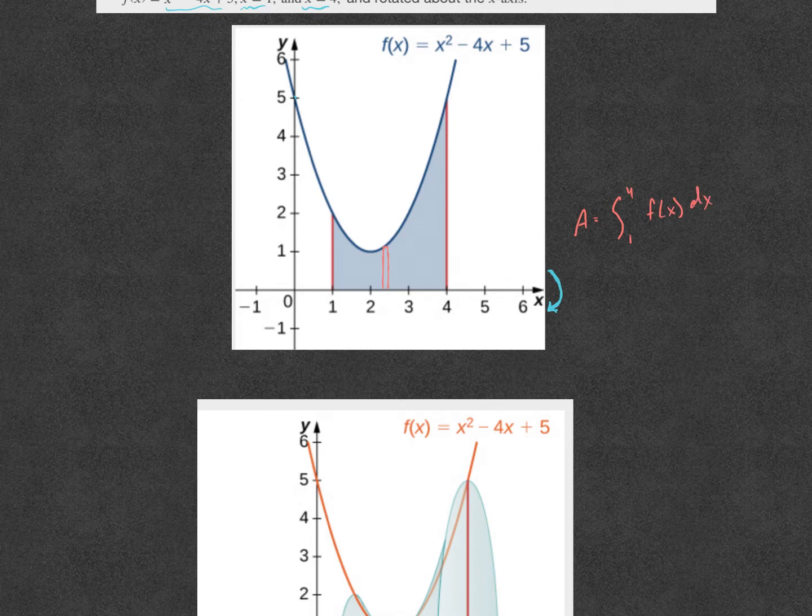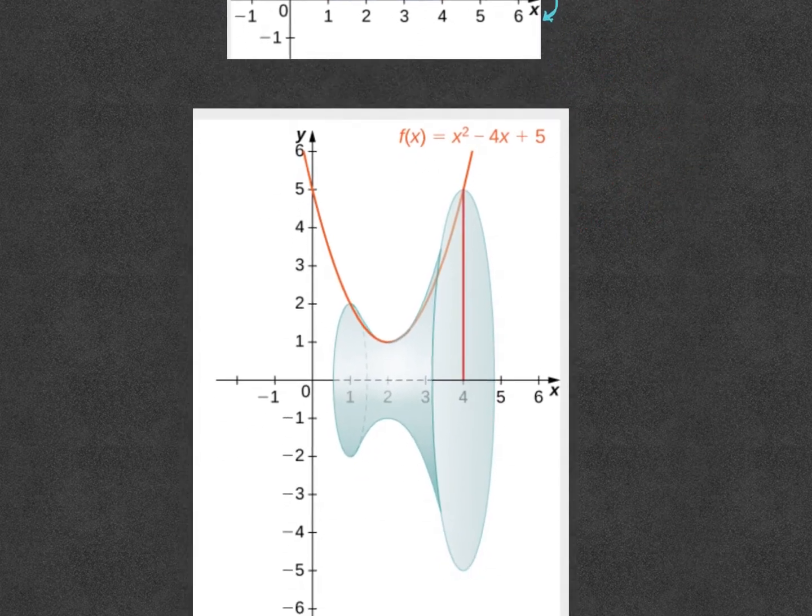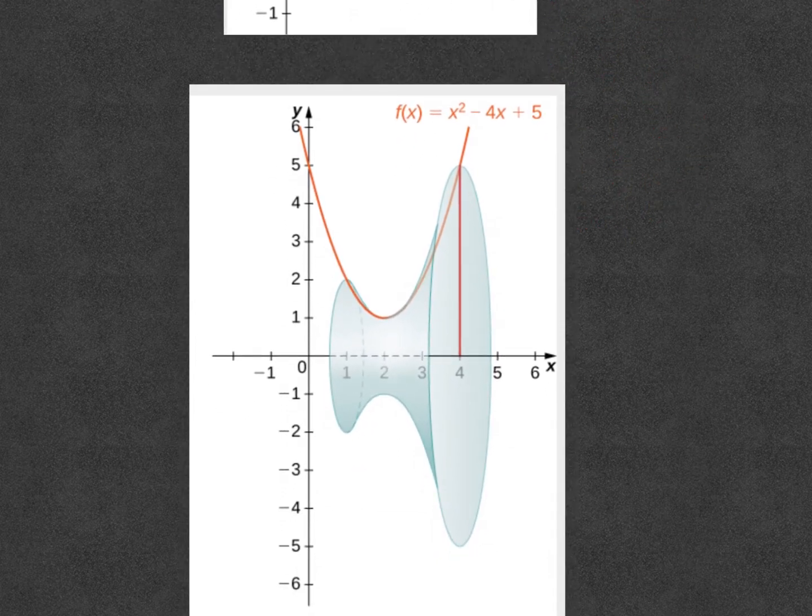But now the new process is to take that rectangular cross section, that slice here, and visualize what it looks like as it spins around our region. What we end up with is a circle, but a really, really thin disk, just like our rectangle is a really, really thin rectangle.